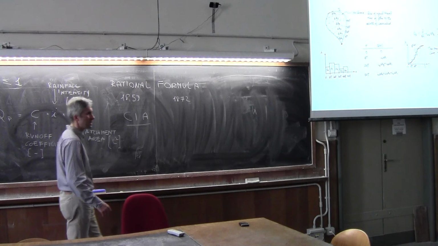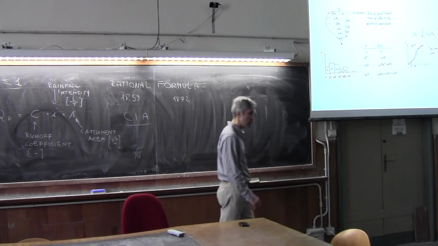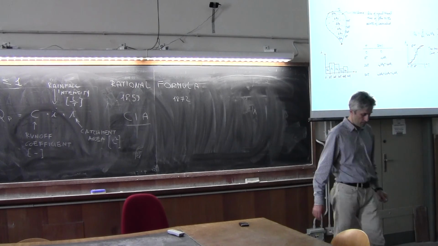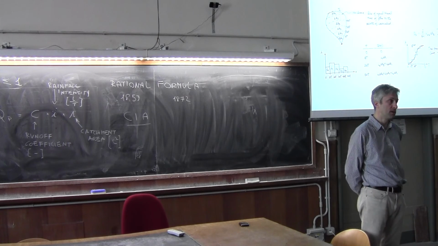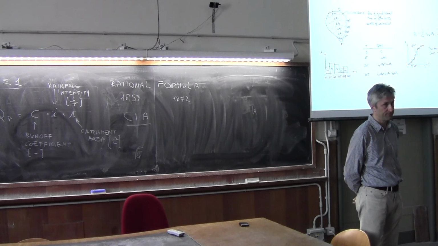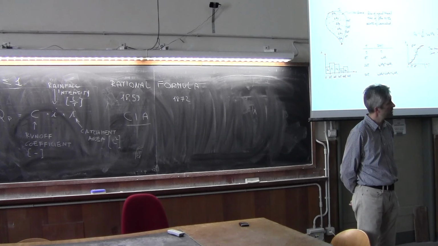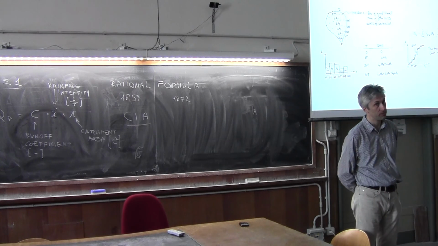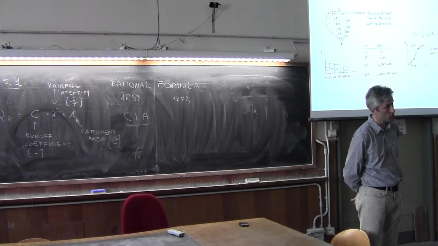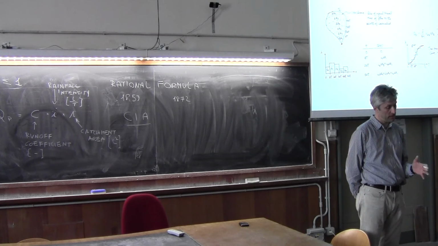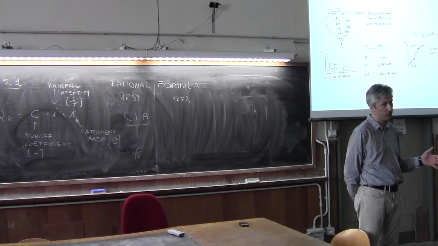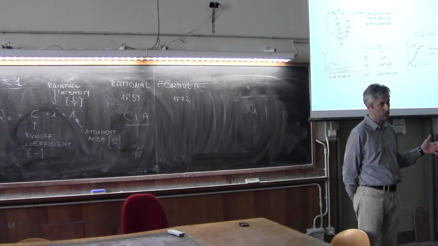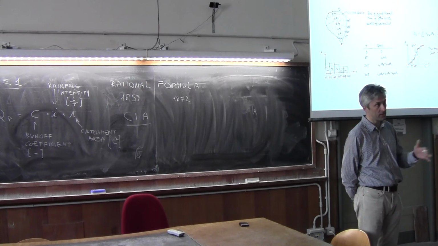Other model, time area method. In Italian it's called modello della corrivazione. And it's also called, in Italian, modello cinematico. But this is unfortunate because in Italian and in hydrology we have two different modello cinematico which do completely different things.